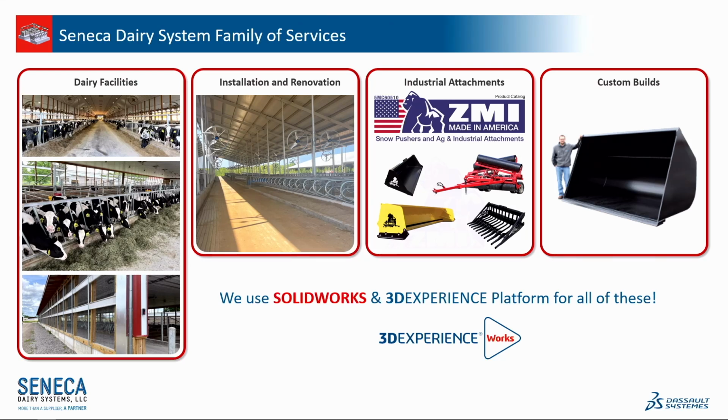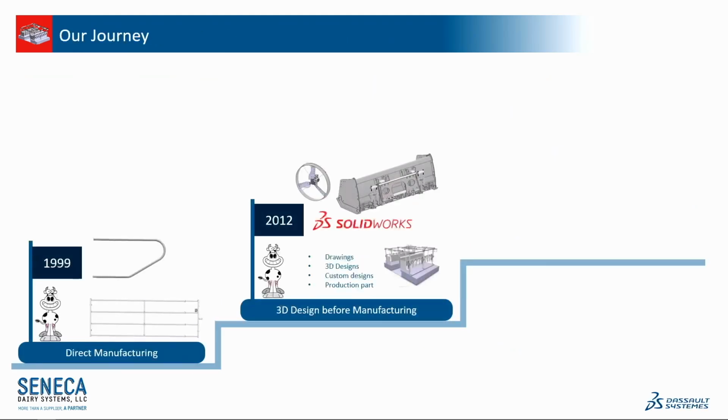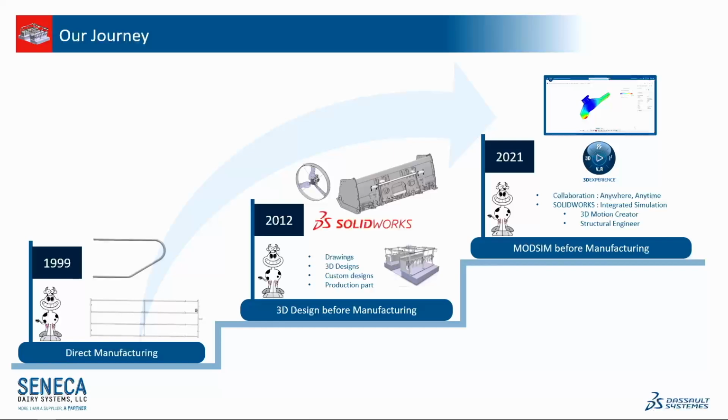So we have another vertical where we sell just attachments, steel stuff, cut, bend, weld, and it fits our production very well. And then the fourth one is custom builds. There's a great demand for custom engineered solutions, and we have an entire department that just focuses on filling that need. That helps you understand where we're at as a company, and where I'm coming from as an engineer. That's what I deal with every day.